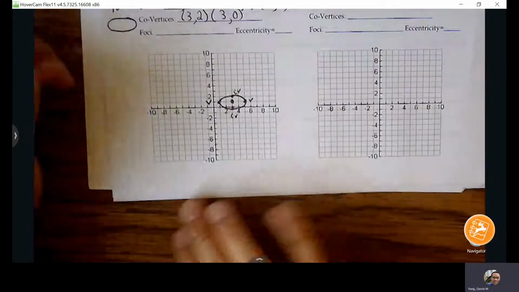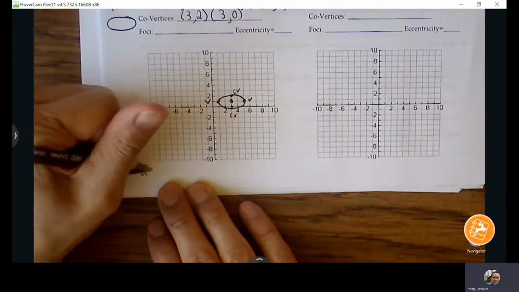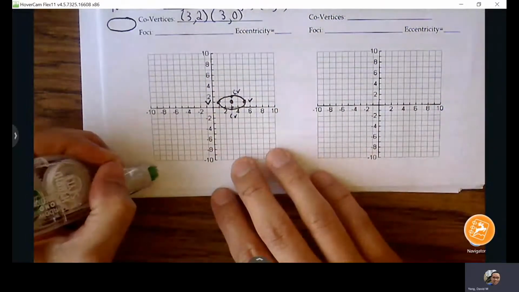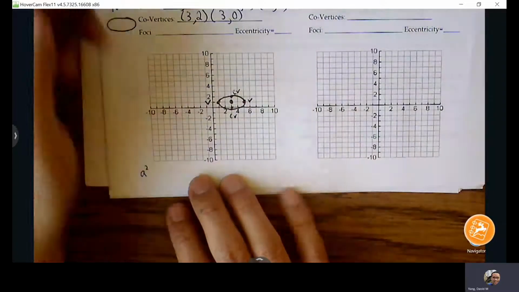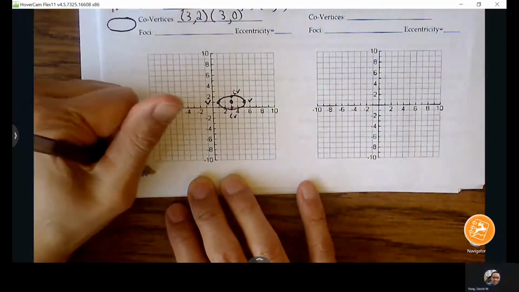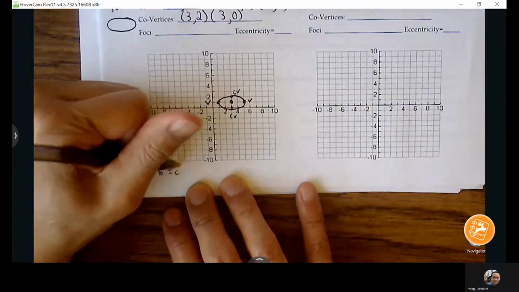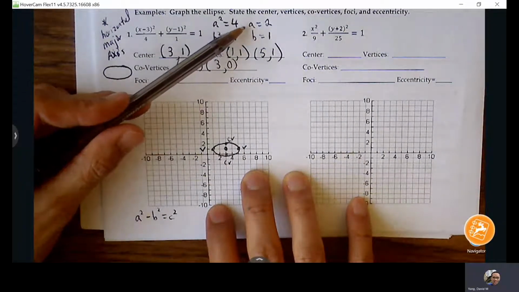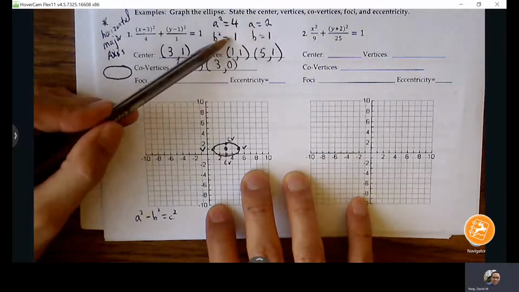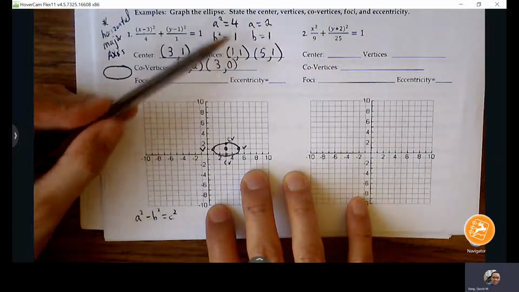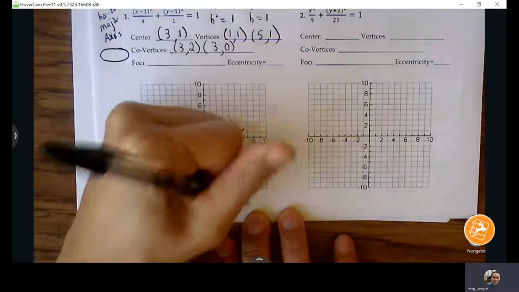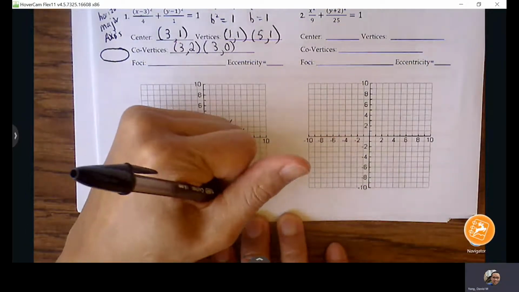So A squared minus B squared equals C squared. My A is 2, my B is 1, so 4 minus 1. So C is equal to root 3.